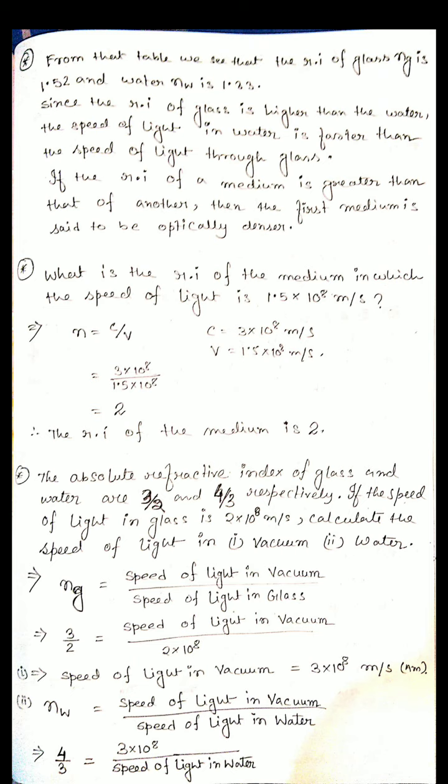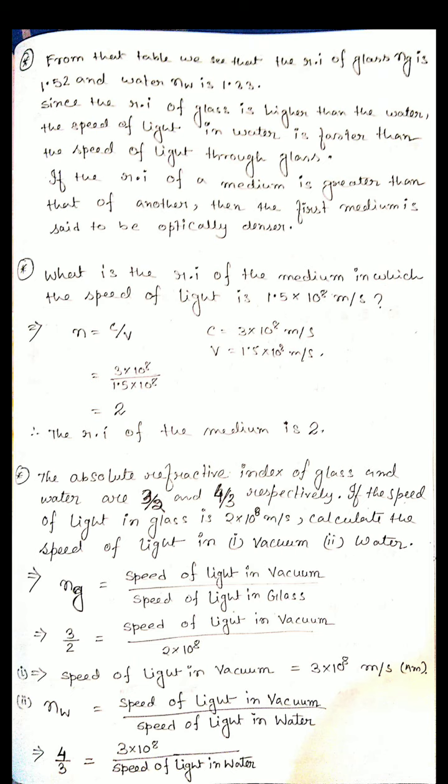Okay. Another problem is there: the absolute refractive indices of glass and water are 3 by 2 and 4 by 3 respectively. If the speed of light in glass is this, calculate the speed of light in vacuum and water. So it is given that Ng equals 3 by 2 and Nw equals 4 by 3.